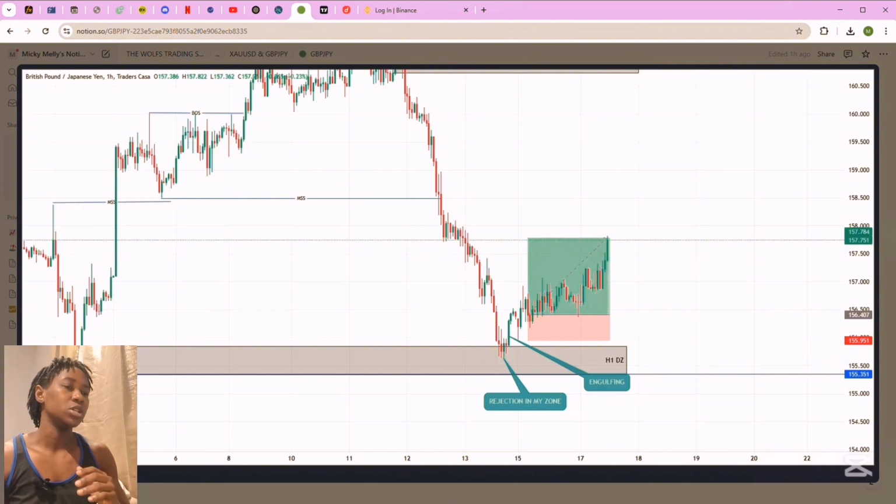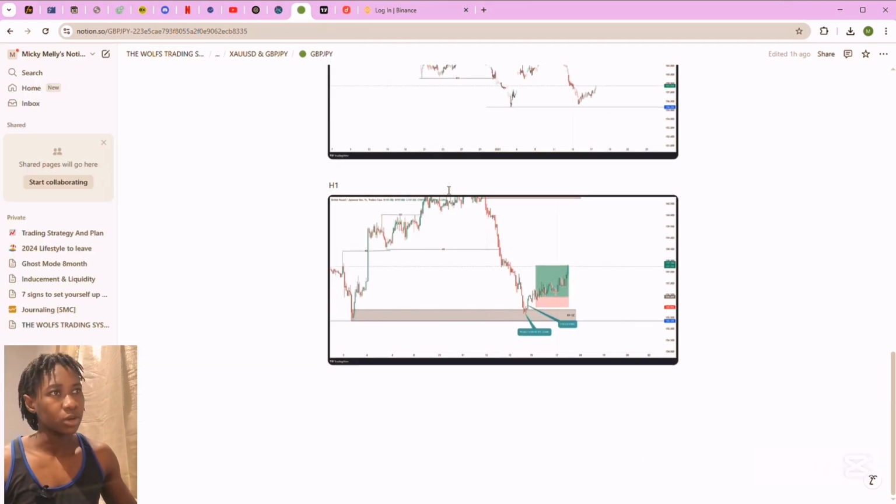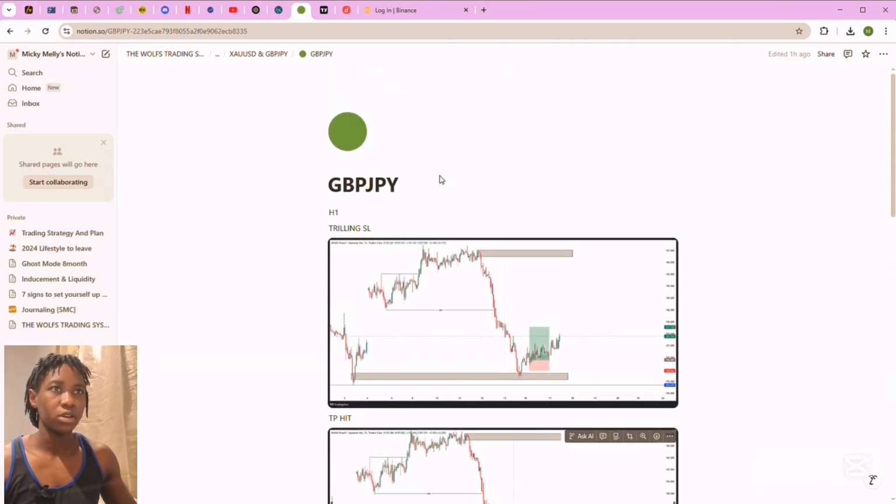So that triggered me to enter into this particular position. I was targeting 1:3 RR. So I was waiting for price to give a little retracement, then I take it from there. So that was it for this particular trade.